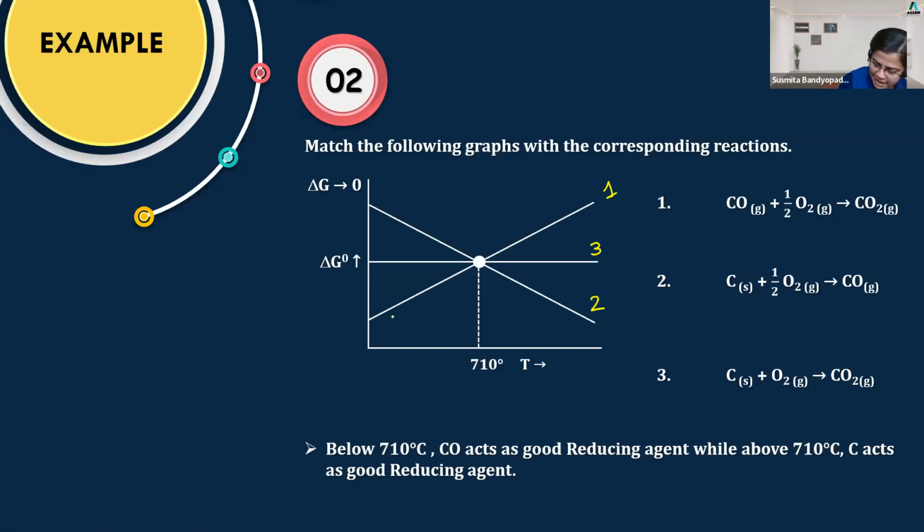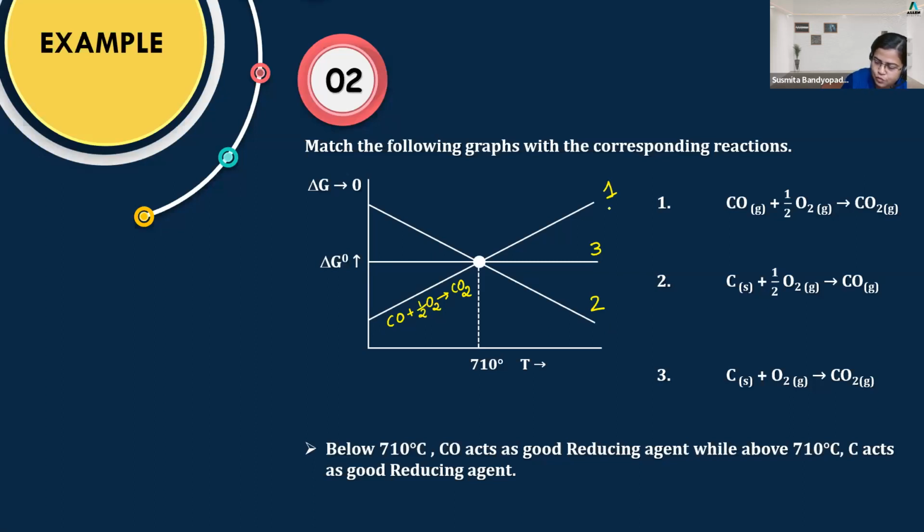This means that out of the 3 lines before this dot, this reaction is most feasible. Everyone listening to me? This line is 3, this line is in the Ellingham diagram like this, 2.